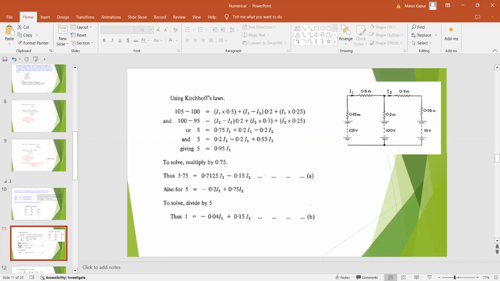From the left half, you got this equation. From the right half, you got this equation. Can you solve both equations and find out I1 and I2? You should be able to calculate, right? Just tell me what values of I1 and I2 you are getting.